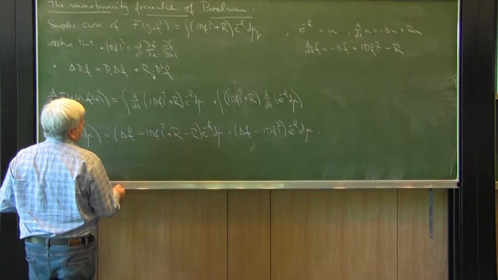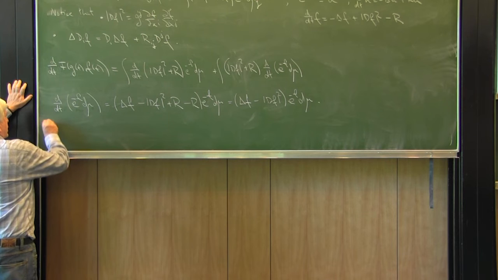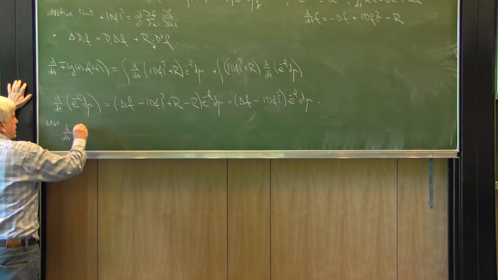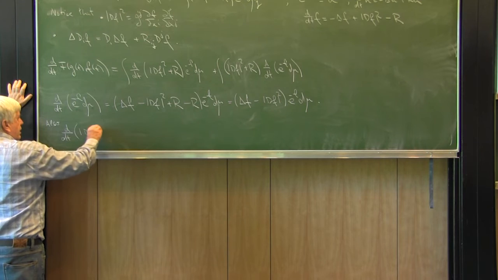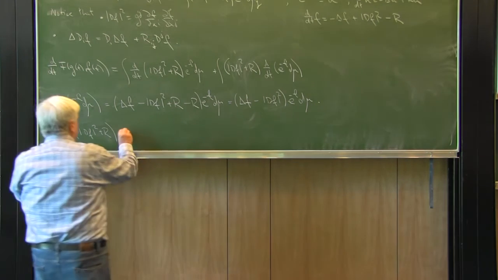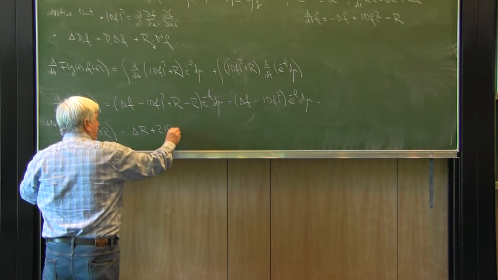And on the other hand, we get that ddt of gradient f squared plus r. Let's do first the evolution of r. This is Laplacian of r plus 2 Ricci squared.